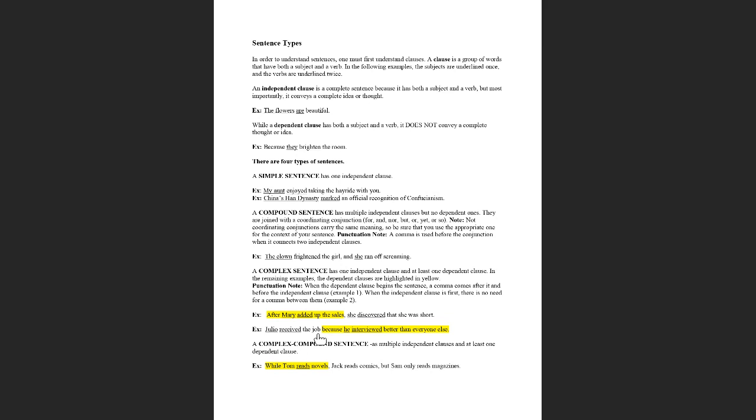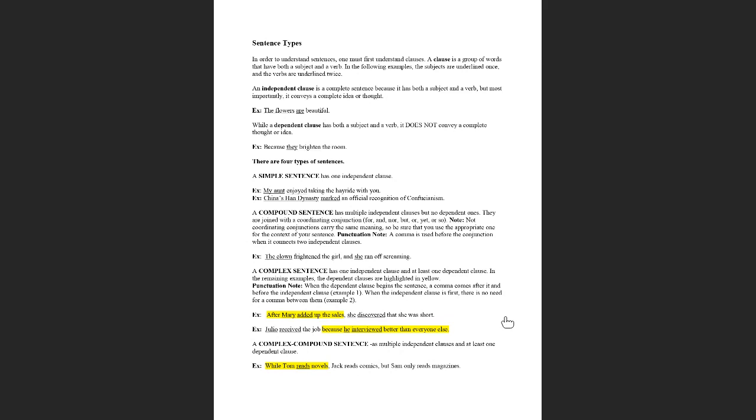That's an independent clause. Because he interviewed better than everyone else, that's a dependent clause. So once again, I can combine those two together. There's a punctuation note that you should see here. When the dependent clause is first, you put a comma before the independent clause. When the independent clause is first, you don't need a comma between the independent clause and the dependent clause.